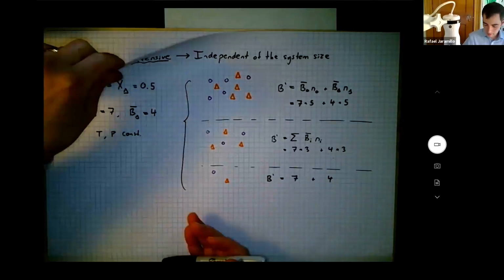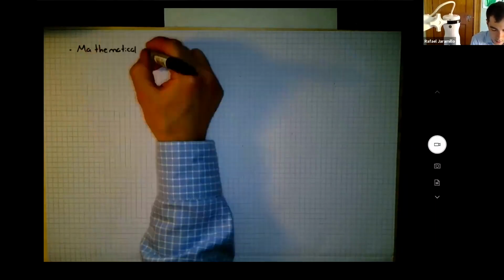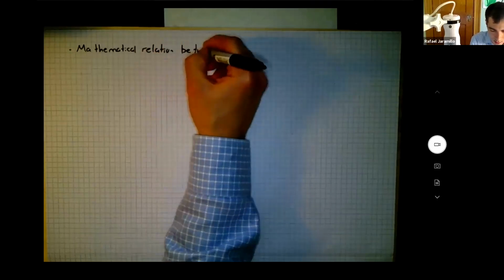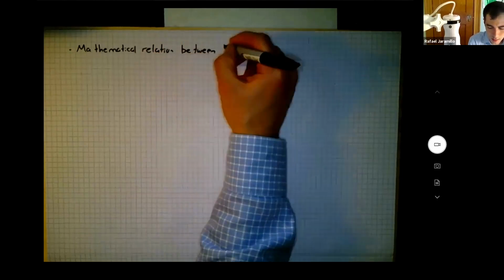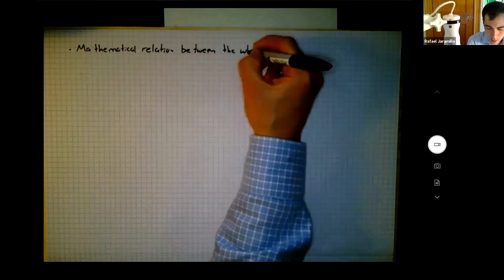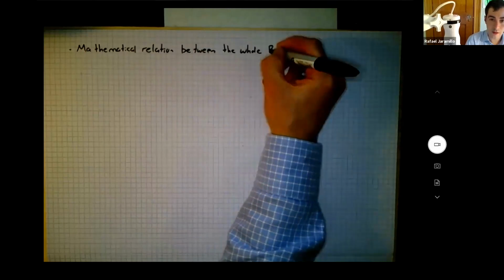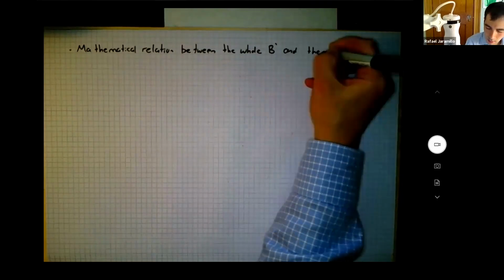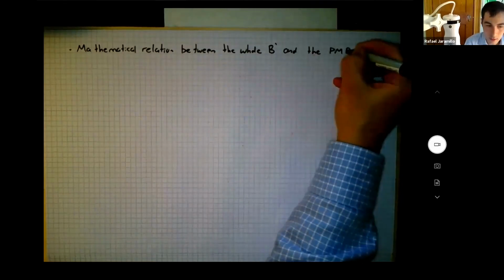Okay, let's keep going. We need some mathematical relations between the whole, that is the total amount of B, and the PMPs.